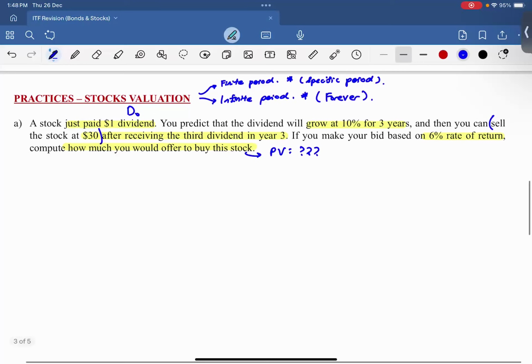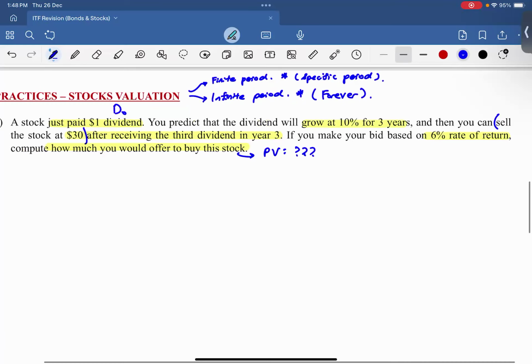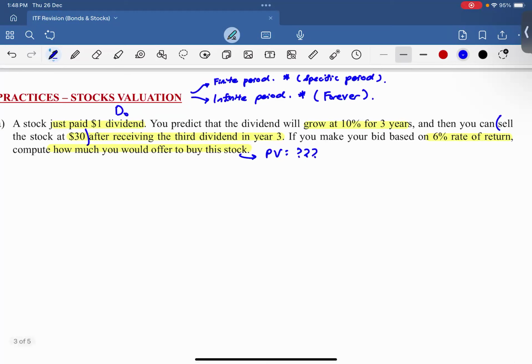Okay, so I can draw the timeline first to avoid mistakes. I will draw a timeline like this. In year 0, at the end, I want to calculate present value. The dividend will grow at 10% for 3 years, and I sell the stock at $30.